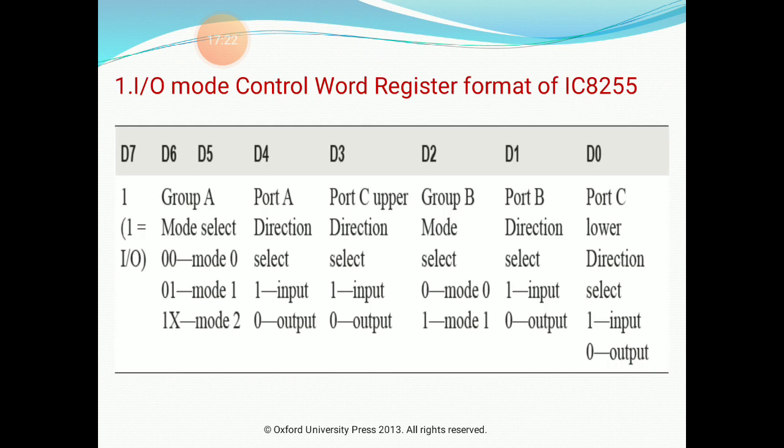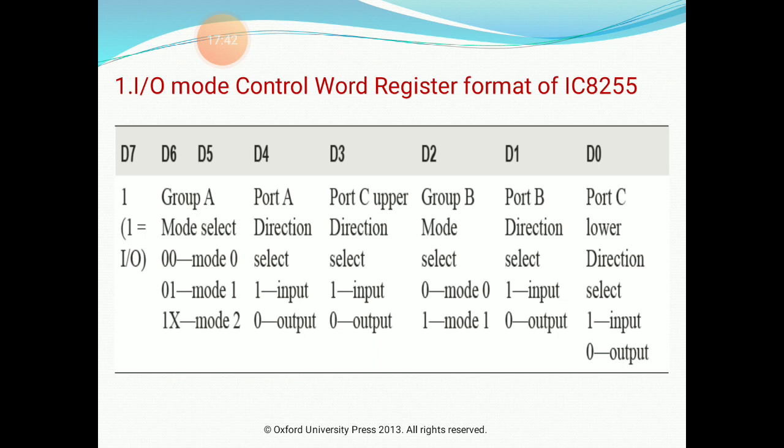In the IO mode control word register format of 8255, this format consists of 8 bits, D0 to D7. Of the 8 bits, D7 is always 1. If D7 is always 1, this control word format belongs to the IO mode format.